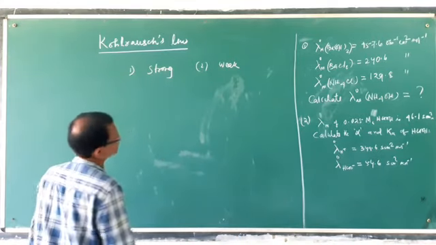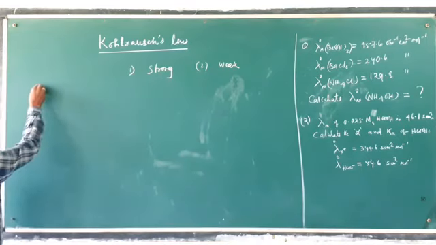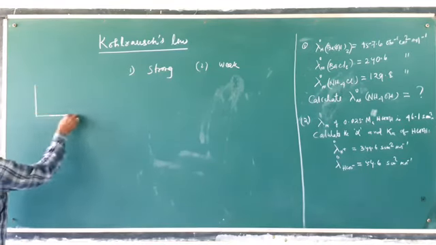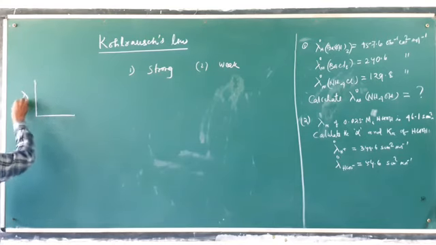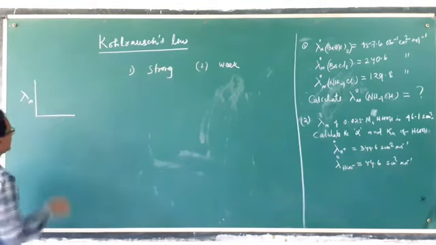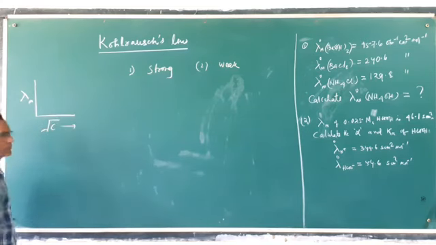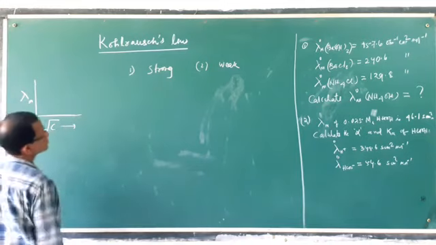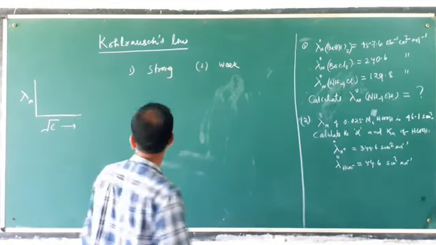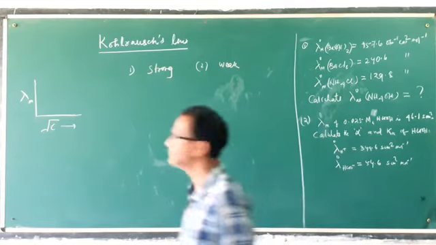If you draw a relation between conductance and concentration for strong and weak electrolytes, we will get two types of graph.